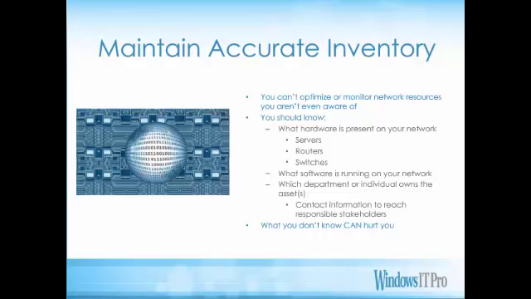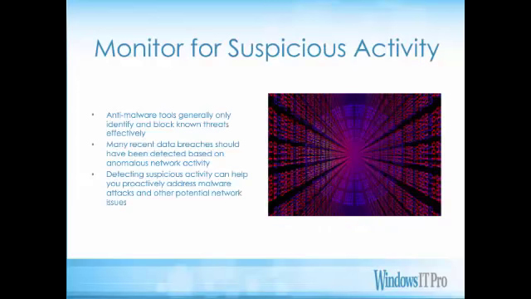So let's talk about the anti-malware tools. They're sort of table stakes now. Every organization really has some form of antivirus software, probably at the server level and at the endpoint level.